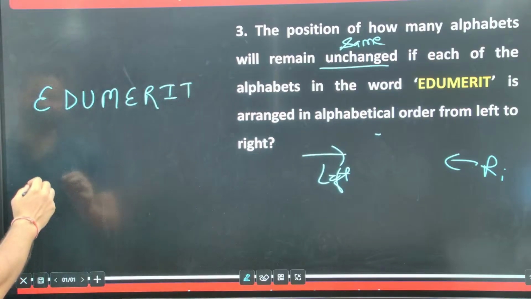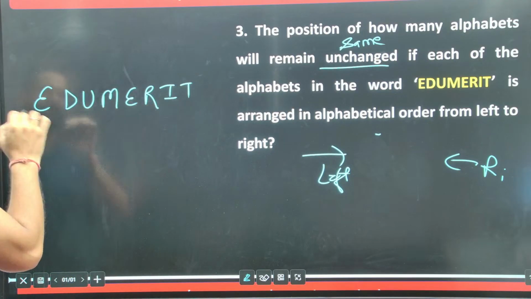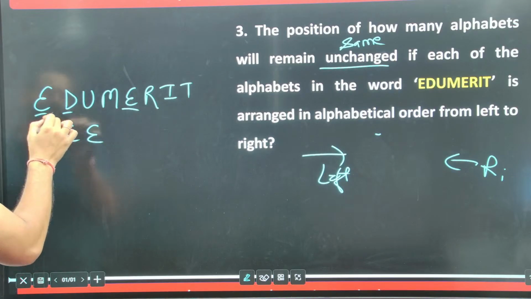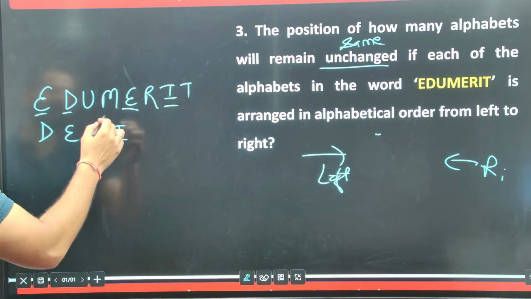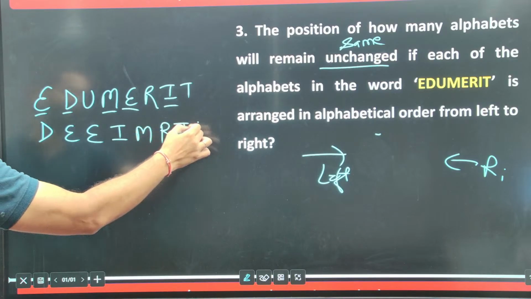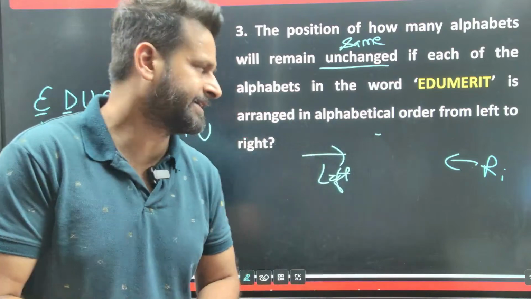Left to right, if I rearrange in alphabetical order, it will be D, E, 2 times E, then F, G, H, I, J, K, L, M, N, O, P, Q, R, S, T, U. This will be the new arrangement of letters from the word.